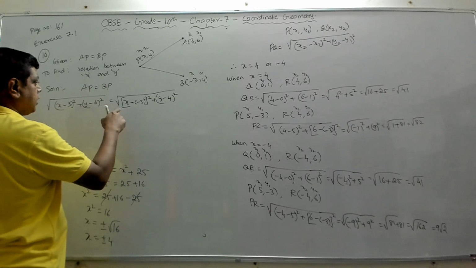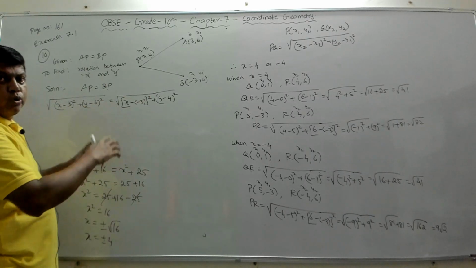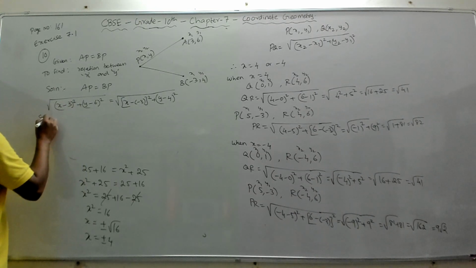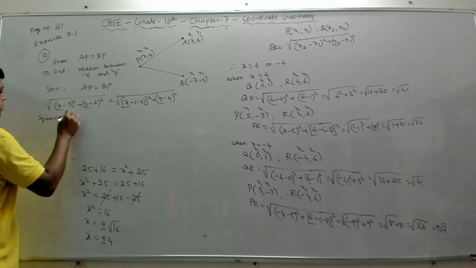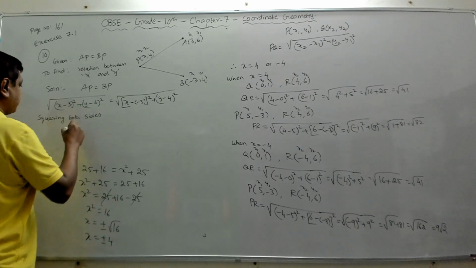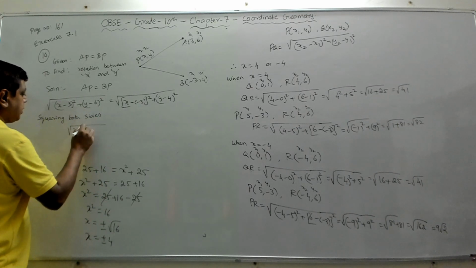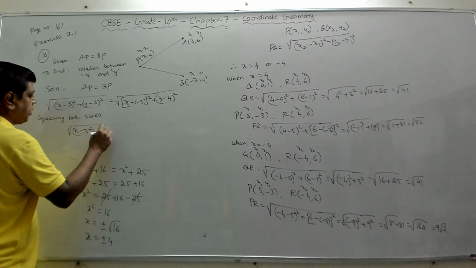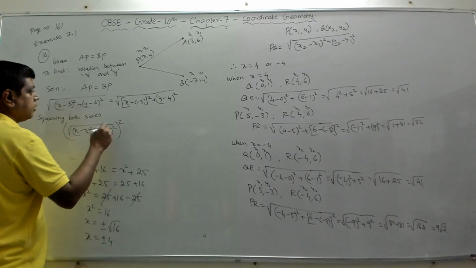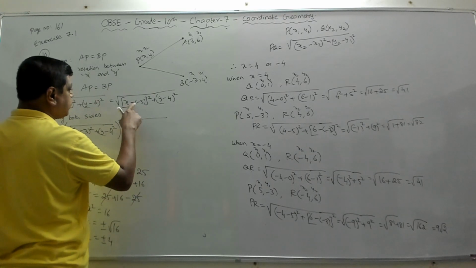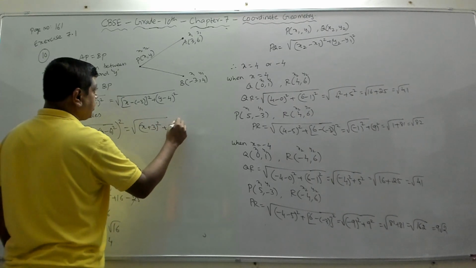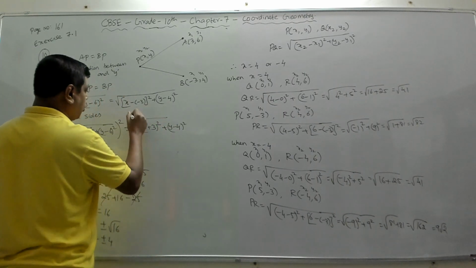the next step is we will remove the square root. To remove the square roots, we will square both sides. So squaring both sides, what do we get? We get the square root of (x minus 3) the whole square plus (y minus 6) the whole square, equal to the square root of, this is x minus and minus is plus 3, (x plus 3) the whole square plus (y minus 4) the whole square, then whole square.